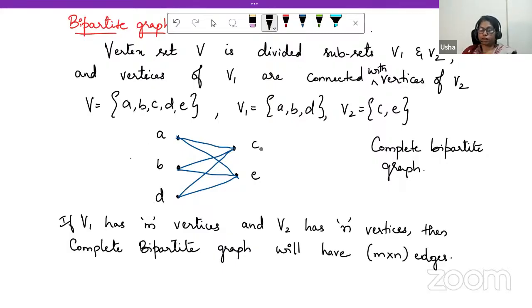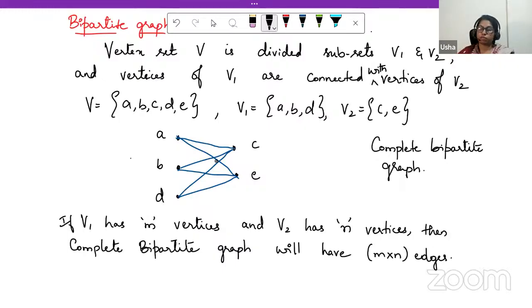Three vertices are there here. Here you have two vertices. So 3 into 2, 6. That is the maximum number of edges a bipartite graph can have. And if a graph has the maximum number of edges possible, then it is called a complete bipartite graph. So this is a complete bipartite graph. If one or two edges are missing, then it is just a bipartite graph. Understood the difference between a bipartite graph and a normal graph?